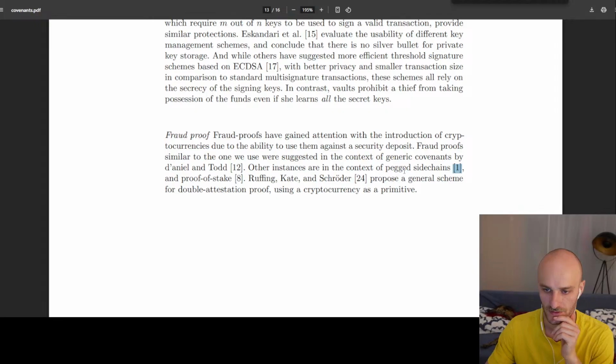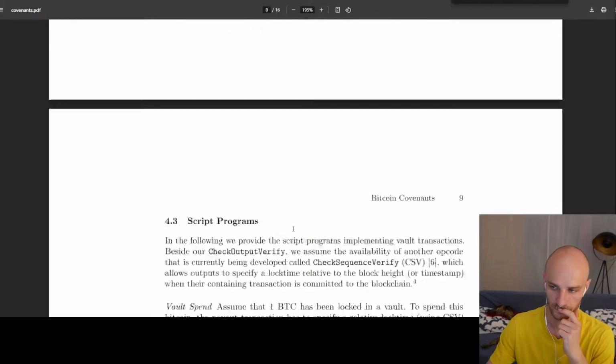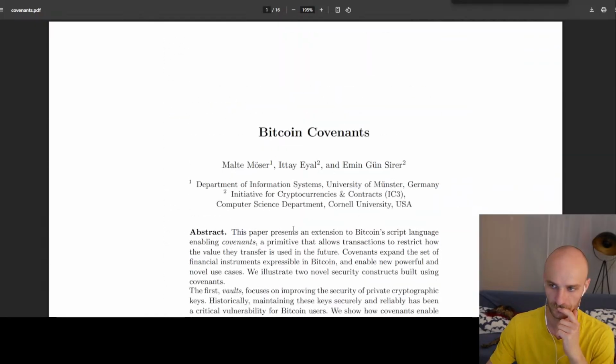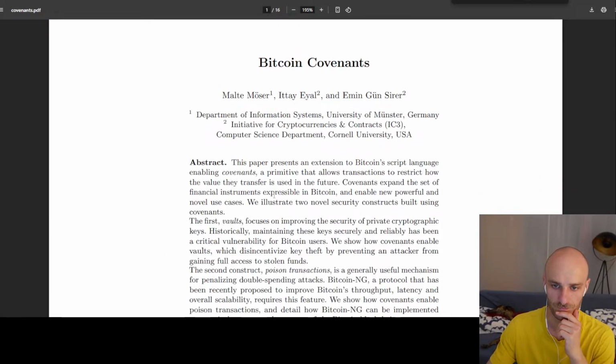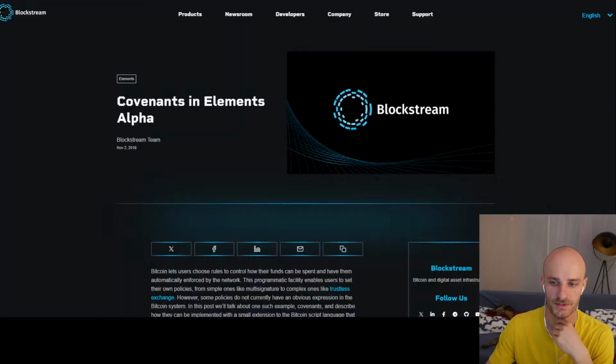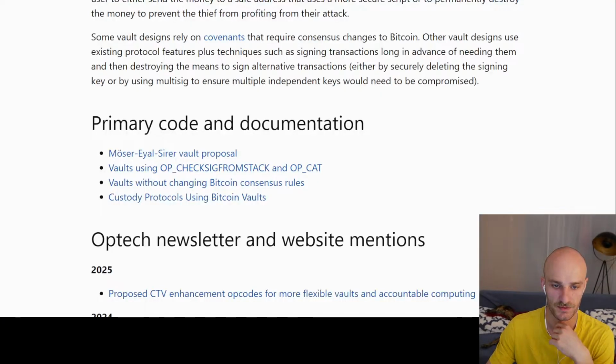Instances are in the context of pegged sidechains and proof of stake. Okay, so I'm interested in going deeper on this paper.